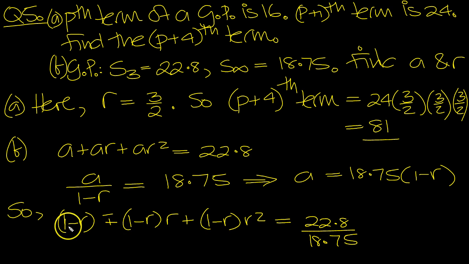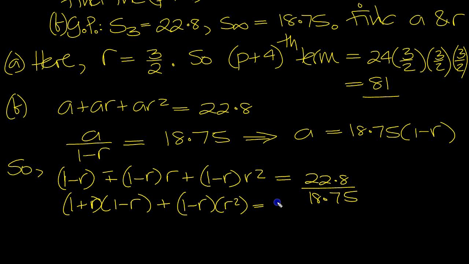So what have we got here then? We've got 1 minus R, we've actually got 1 plus R, 1 minus R from this, because this is one lot there, one lot of 1 minus R, and this is R lots of 1 minus R, plus 1 minus R times R squared. So we end up with this equal to this number.